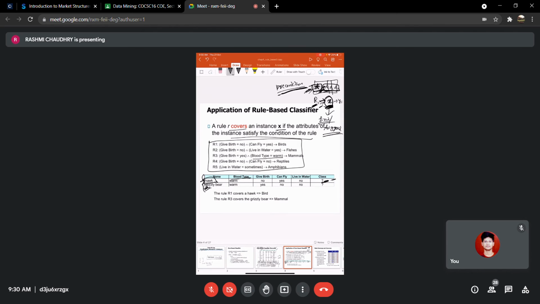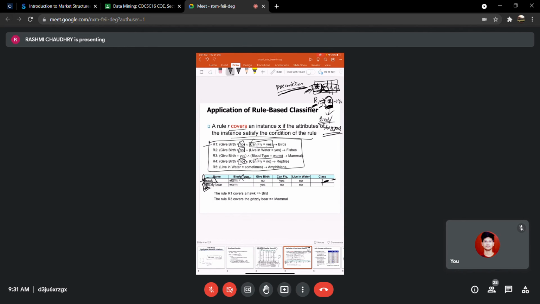Now gives birth, no. Here gives birth was yes. Can fly, yes. Gives birth, no. So this condition we got only once. Gives birth, no. Gives birth, no. Three matches are there. Can fly, yes. Can fly, yes.